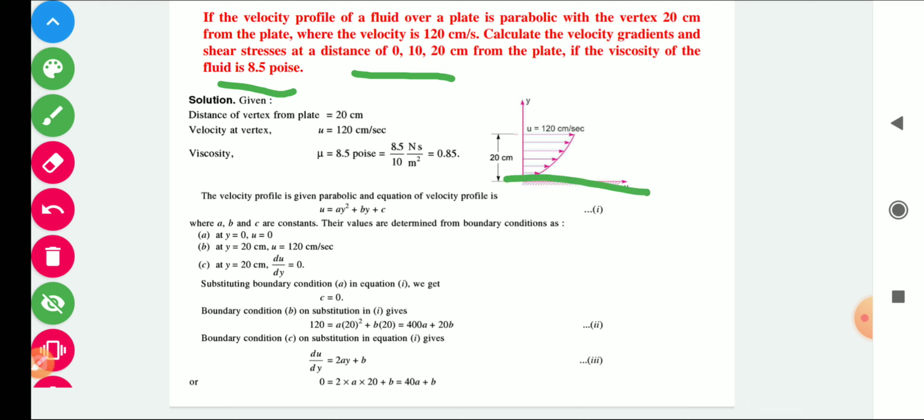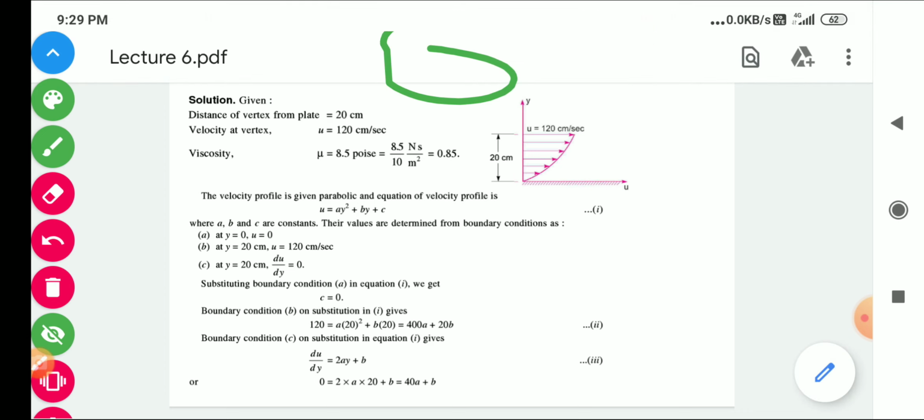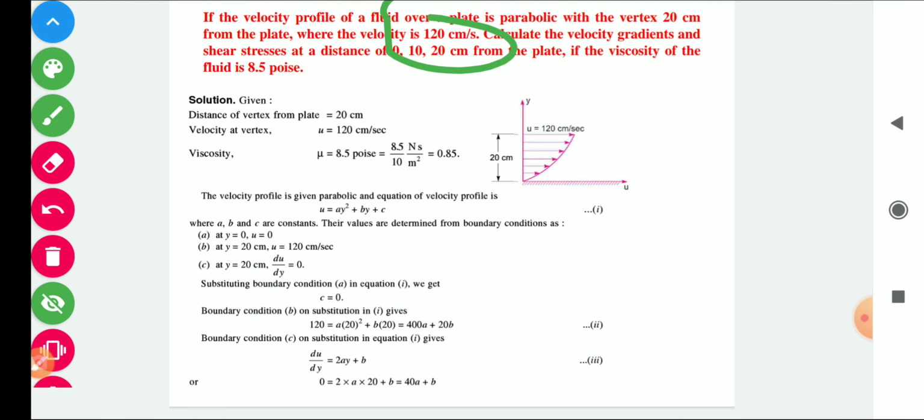It means this is the plate, so 0, 10 and 20 centimeter from this plate. The velocity is given, and the distance of the vertex from the plate is given as 20 centimeter.